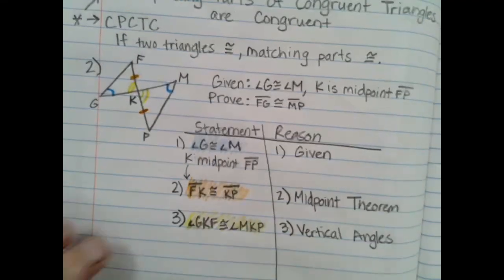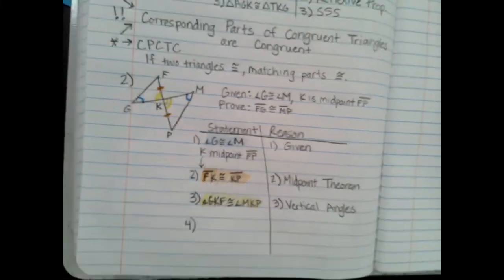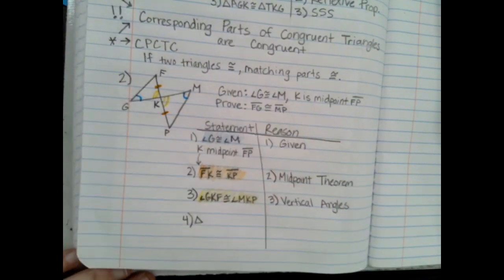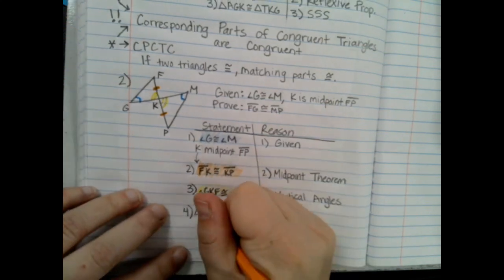We need to come up with our congruent statement. The first one doesn't matter the order we go in. So we can say a triangle, say it again. GFK.